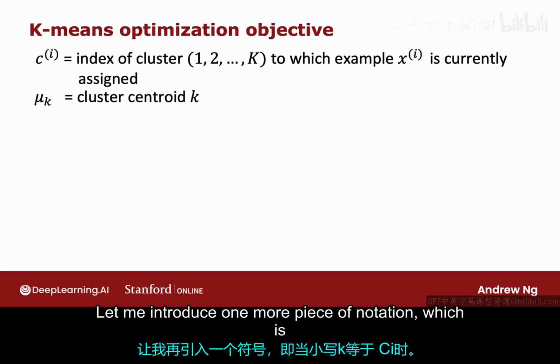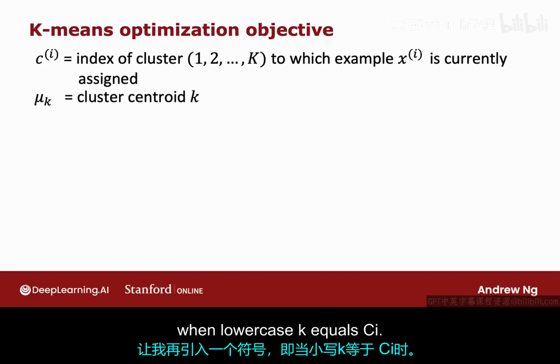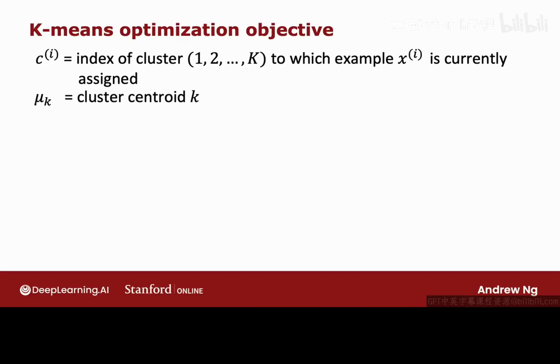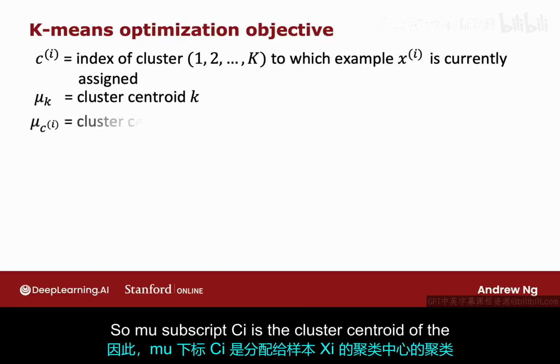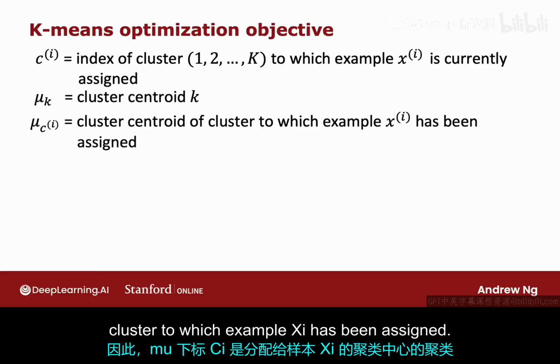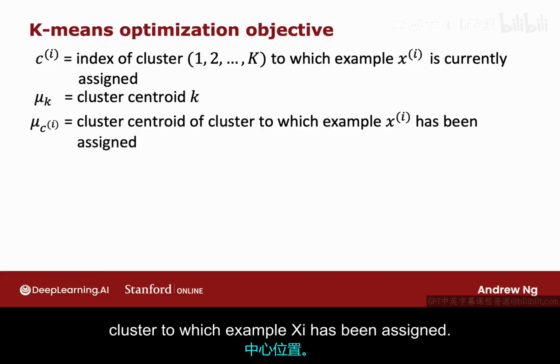Let me introduce one more piece of notation: when lowercase k equals Ci, mu subscript Ci is the cluster centroid of the cluster to which example xi has been assigned.